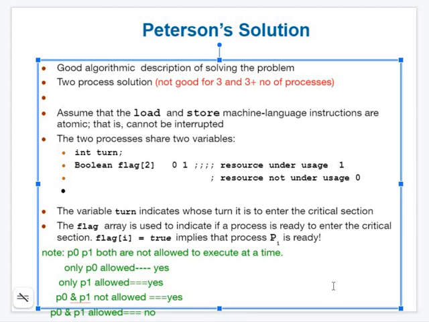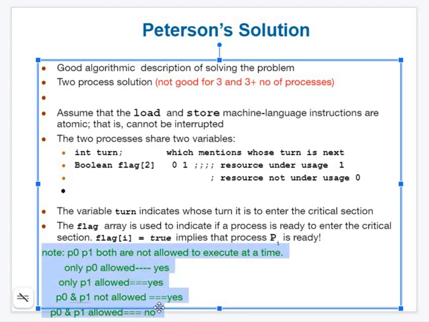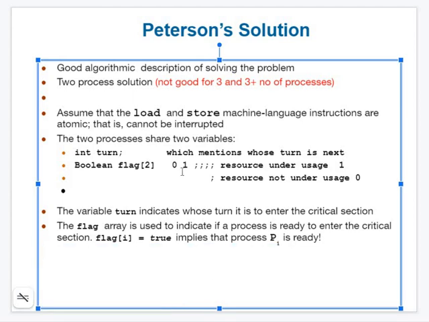Turn is a single variable which mentions whose turn is next. So these are the two assumptions: whose turn is next, and whether the resource is presently being used or not.